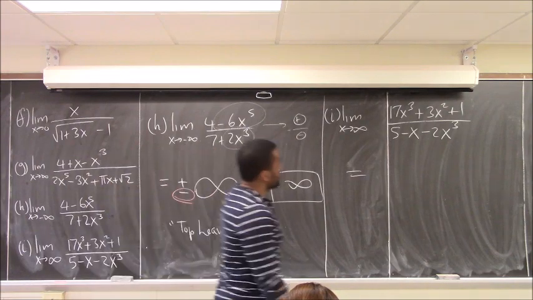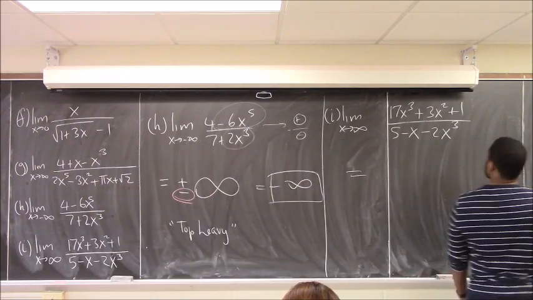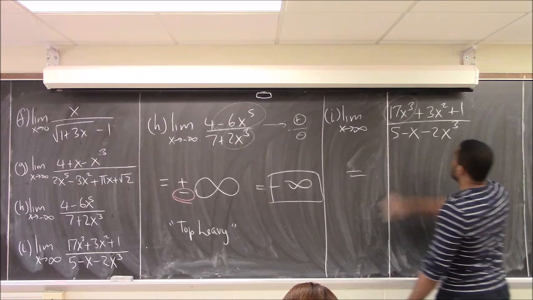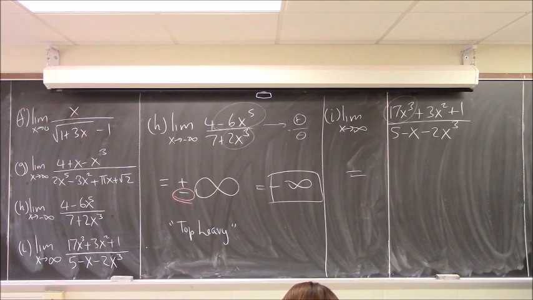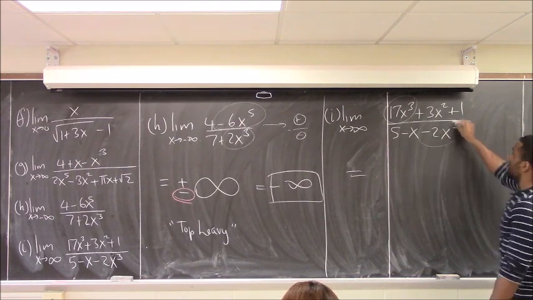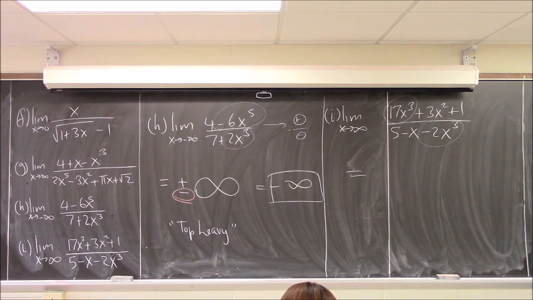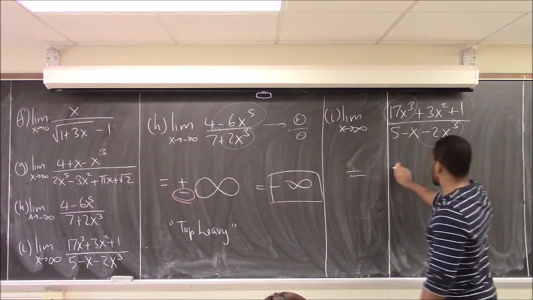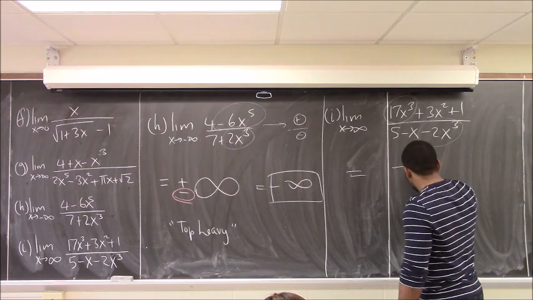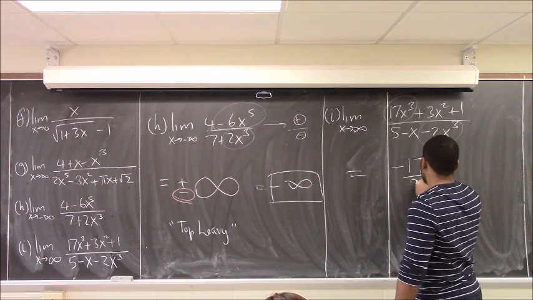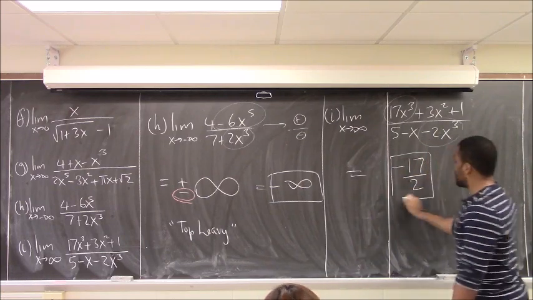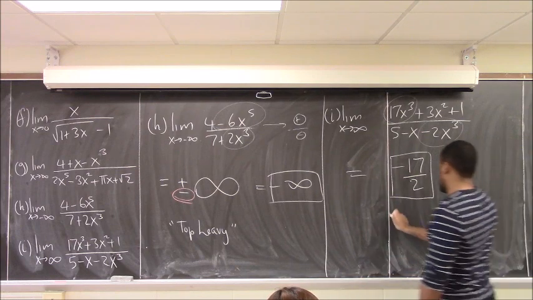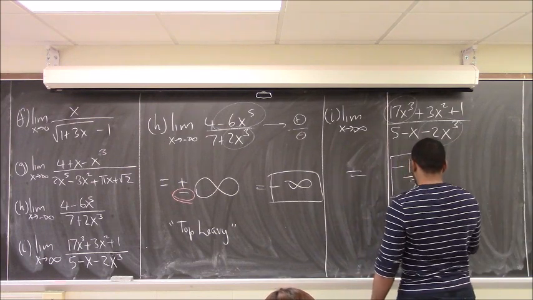Well, what's the highest power in the top? 3. And what about the bottom? It's also 3. So the highest one isn't in the top. So what is that? It's negative 17 over 2 that is going to be the answer. And this is called the ratio of leading coefficients.